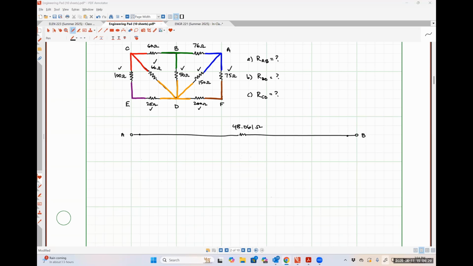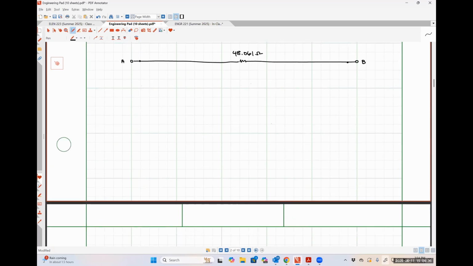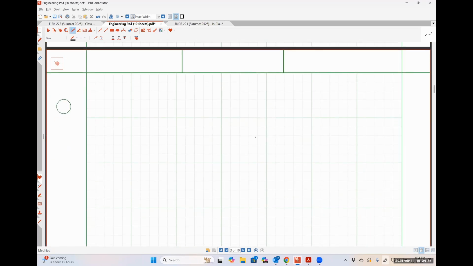So let's say that we have the following circuit. I'm not going to give you anything too wild or crazy here. So let's say that we have something like this.